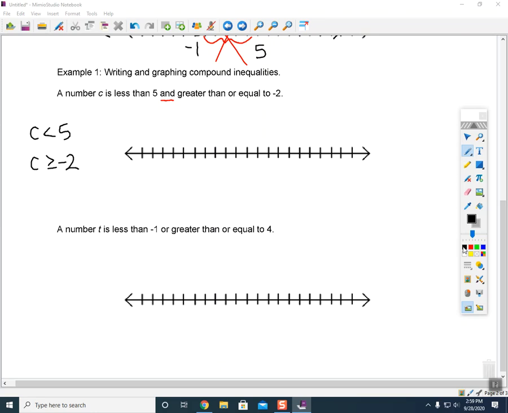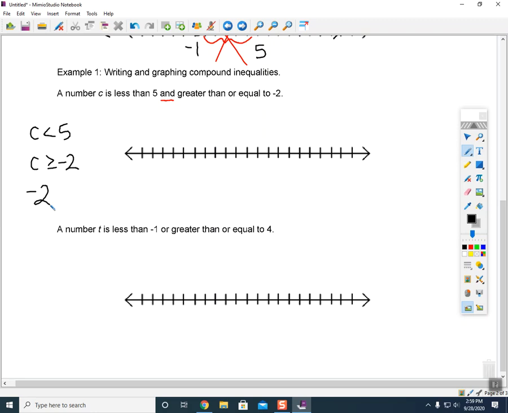But I have a greater than or equal to sign here. And in my format for my and inequalities, my finite inequalities, I only used less than signs, or less than or equal to. But what I have to do is think about what this really means. In these two numbers, what's my minimum? I know that my minimum is -2, that's my smallest number. Based on this inequality, c is greater than or equal to -2.